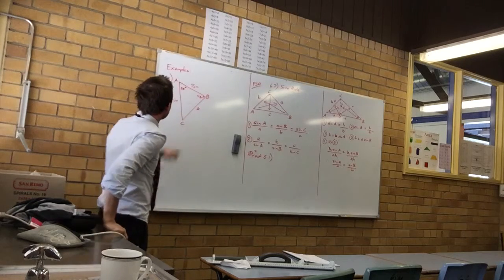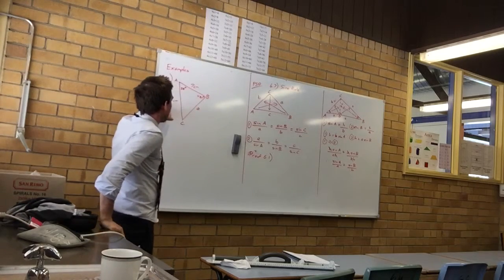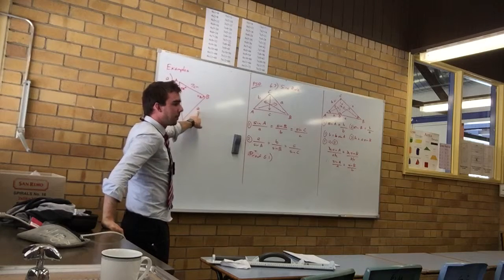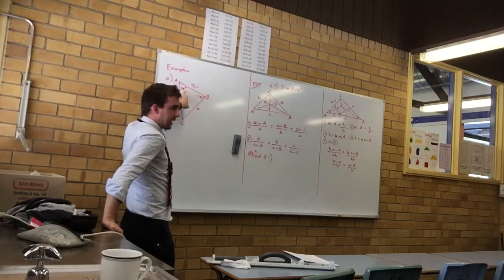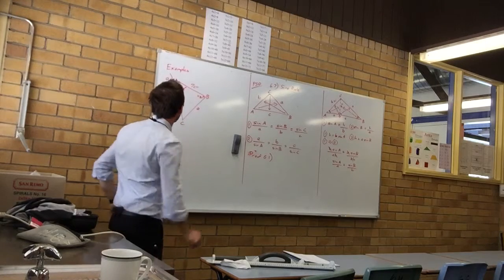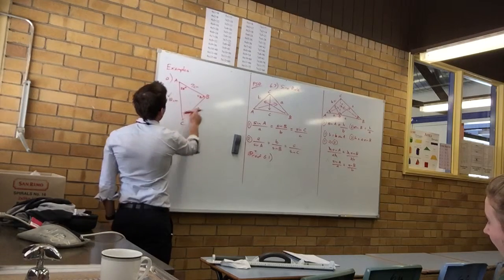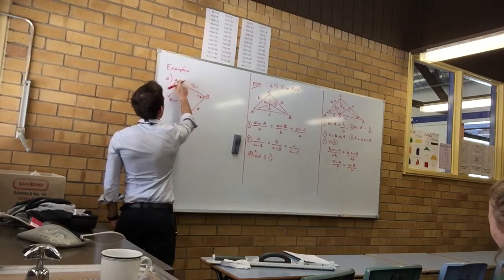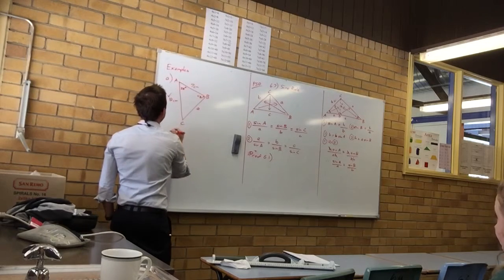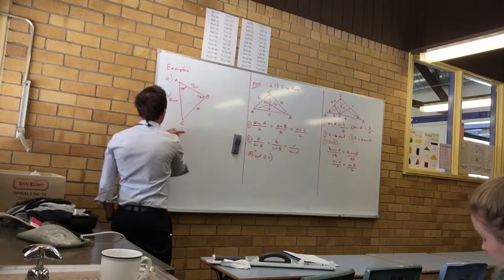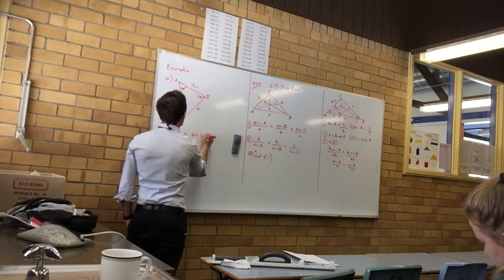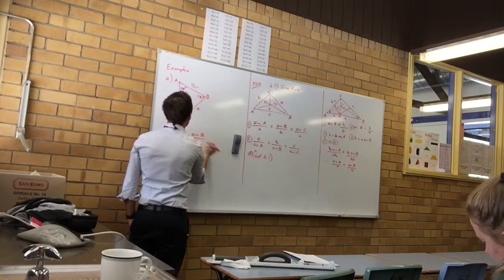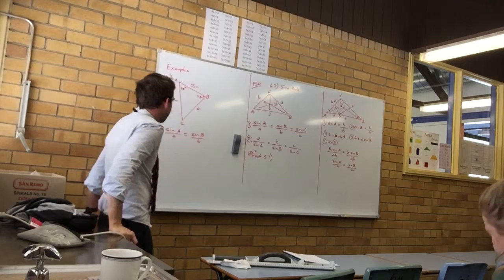Here's my variable and I know the opposite angle. So this is an application of the sine rule. The angles involved are capital A and capital B. So the formula is the sine of capital A over little a, which is equal to sine of capital B over little b.